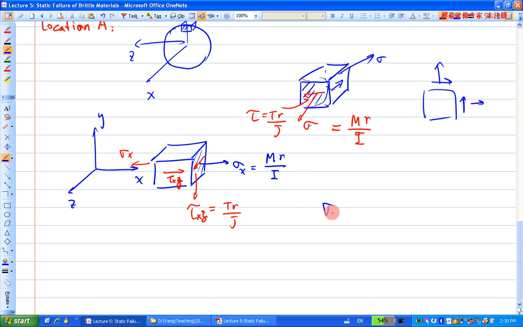And that's pretty easy. Sigma x is M multiplied by the radius, and the radius is half of the diameter. And I is the second moment of the area. The cross section is circular, so if you remember, the formula is pi d to the power of 4 over 64.